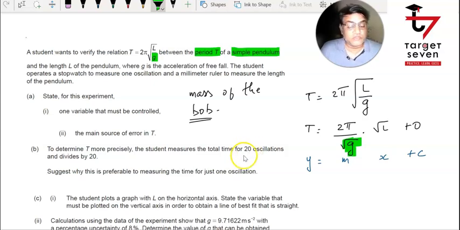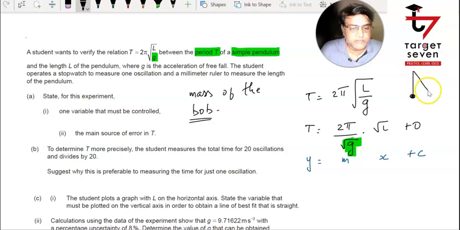20 oscillations, because over a period of 20 oscillations, the amplitude of the oscillation might actually get damped. The oscillator or the bob might in fact not be able to travel to the original extreme position from where you actually started. To understand that in a better way, let me try to draw the diagram here. So this is your simple pendulum.